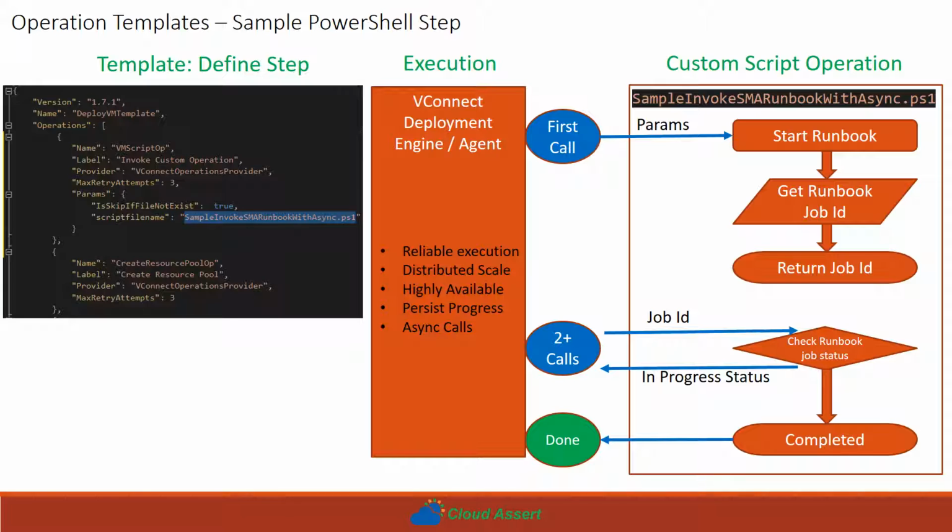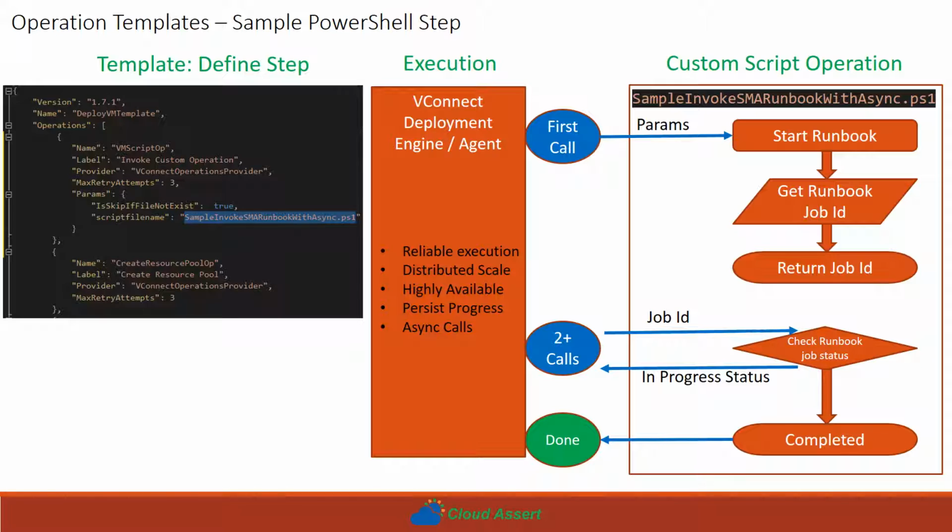The first is the first-time invocation, where a runbook is invoked in the external system, System Center. That's the first call. The vConnect agent or the deployment engine passes on all the parameters from vConnect to the runbook and it invokes the runbook.